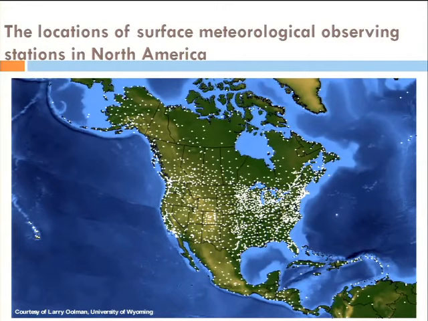Now, the coverage of stations is not uniform. All right, basically, if you look at a map like this and you look at the coverage of weather stations, you'll notice that there are more stations where there are more people. So around cities, we tend to have better coverage.